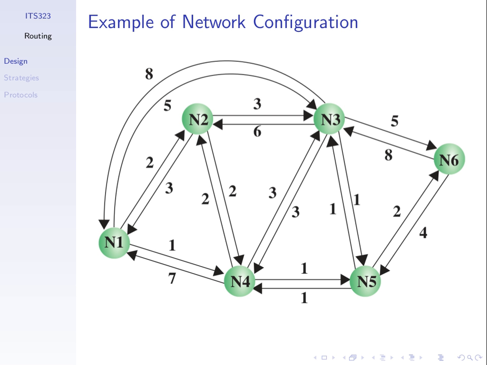So the point is with datagram packet switching, we can decide per packet. That is, we send packets across the least cost path. If that path changes, we send the packets across the new path.